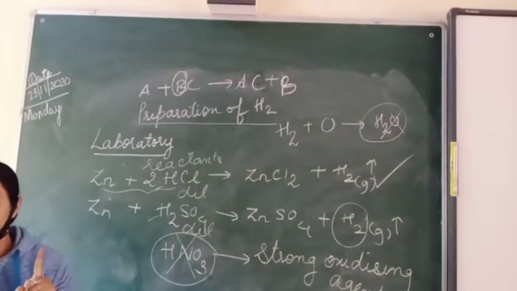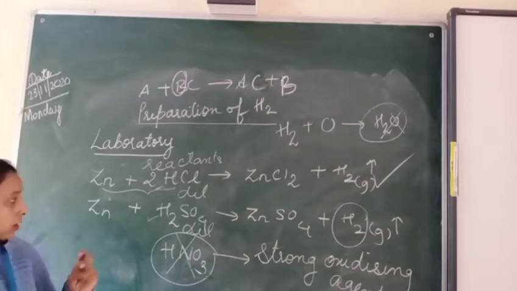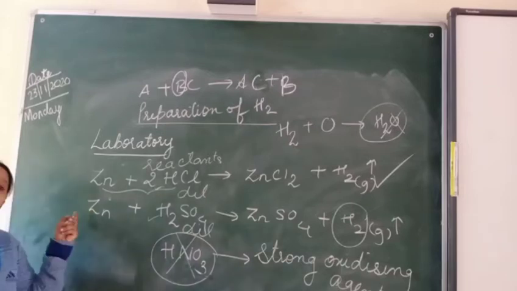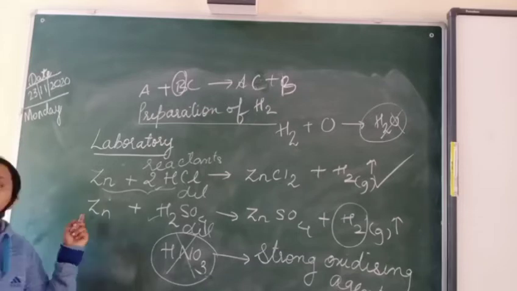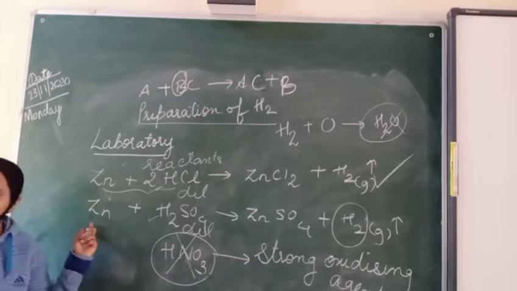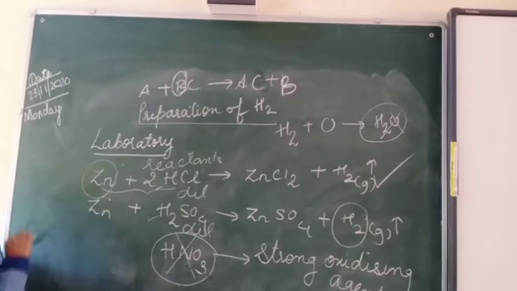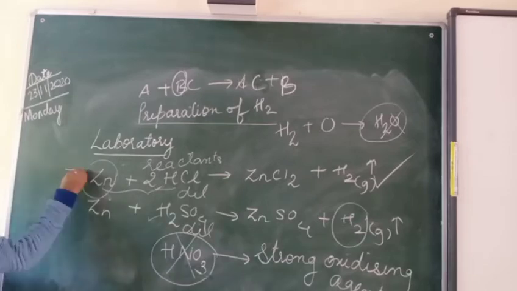Now we will talk about the second reactant. What we are using here is zinc. Now why do we prefer zinc only? Why not any other metal than zinc? The first reason is that it is cheap. It is cheaply available.